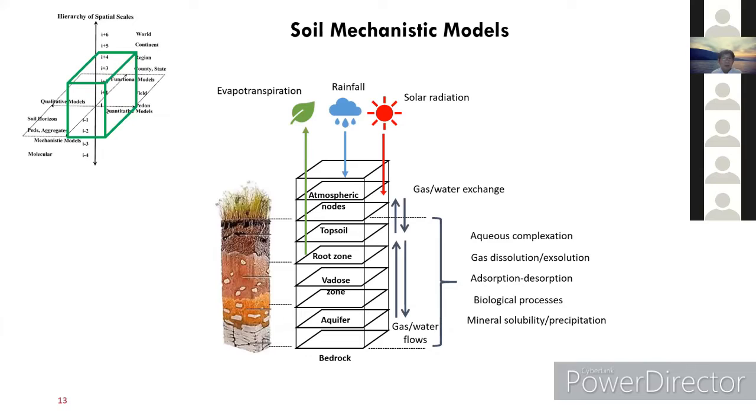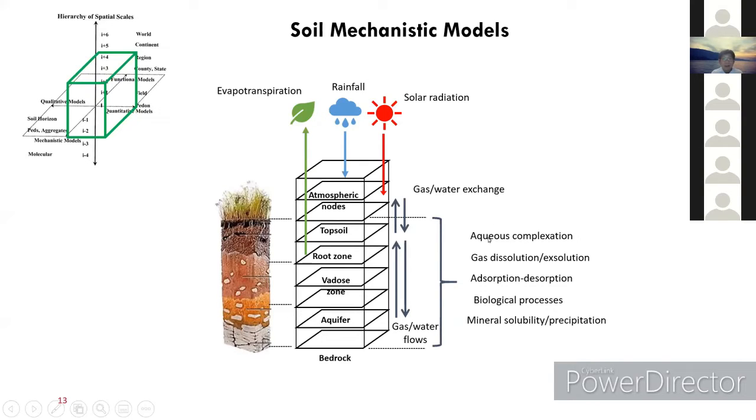Usually it can partition not just the soil, but also the atmosphere. You can model how much is rainfall, and the solar radiation, how much it gets, and then it can go into the soil.